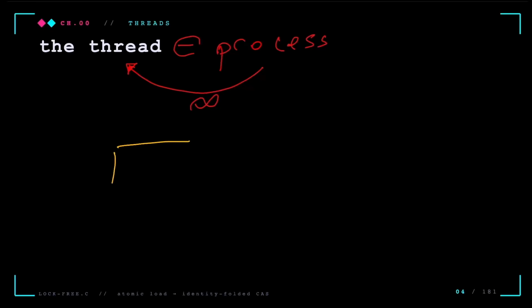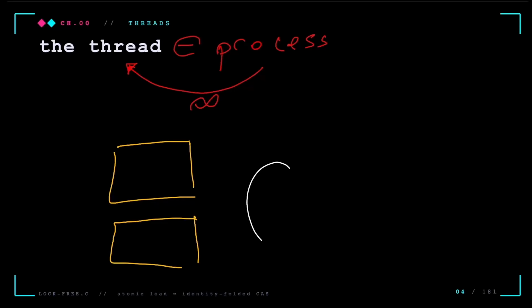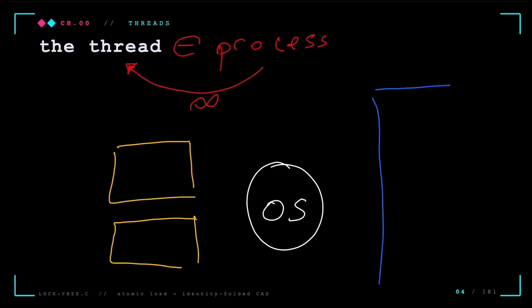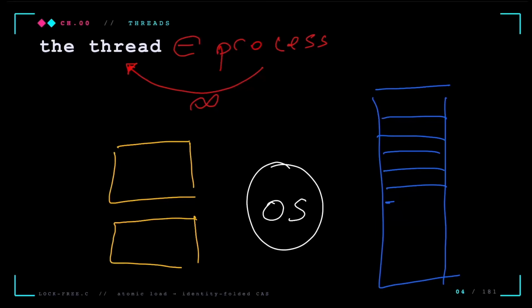If you have 2 running processes on your machine, and of course there is the operating system in the middle, structuring and organizing how things run, and every process has its own memory heap. For example, this would be process 1, this would be process 2.